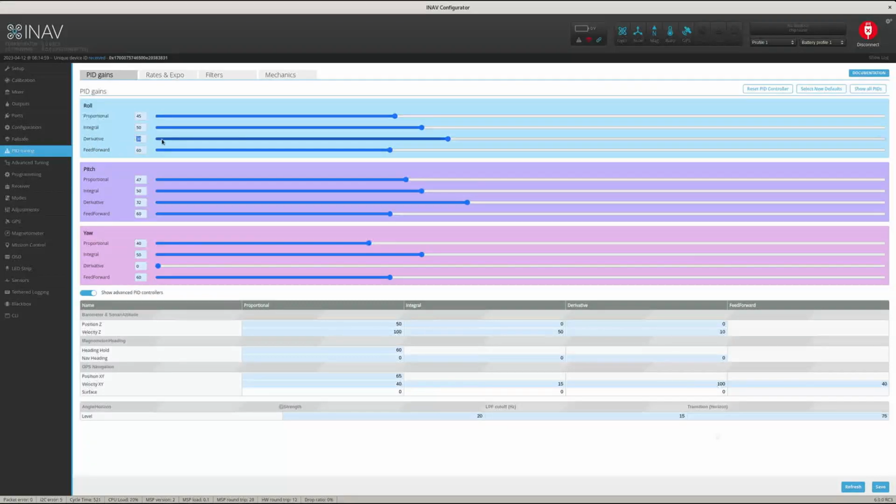This was set to 25 before, and I tried increasing it slowly, like 25, 26, and now it's at 30. And as well as derivative, I think it was at 27. And quite honestly, I didn't see any improvement. It was still shaking.